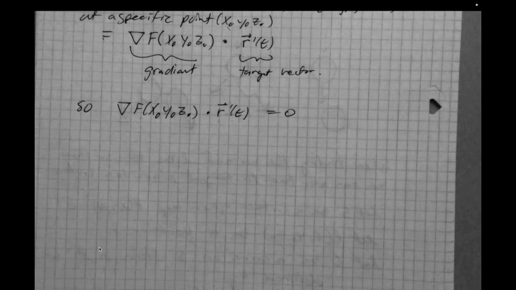All right, so that can be kind of a tricky thing to visualize. Let's lay out a more precise definition and then do some examples to see what this looks like.